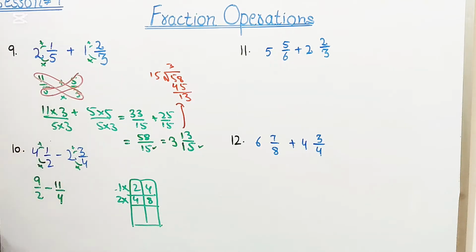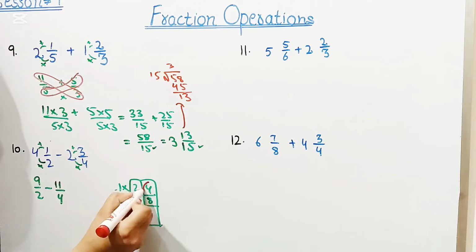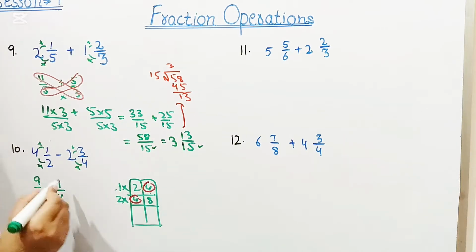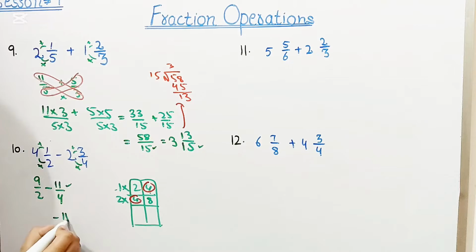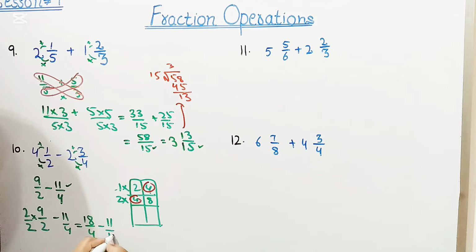Now we find the same denominators, 4 4. So we do not need to multiply them. 11 by 4, 9 by 2, multiply 2 by 2, because when we multiply the denominator we multiply the numerator by the same number. Now 18 by 4 minus 11 by 4.